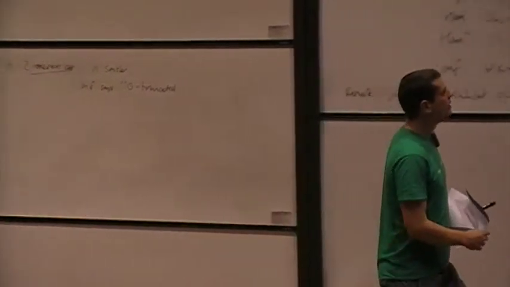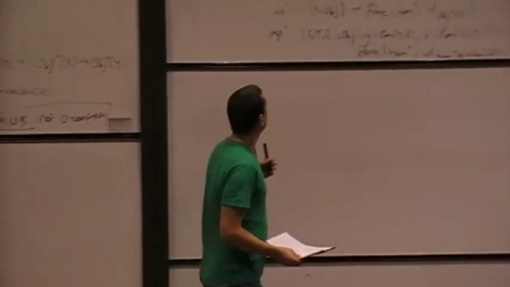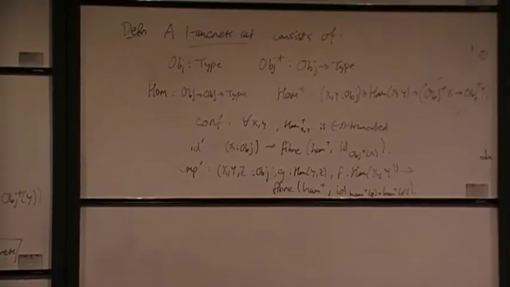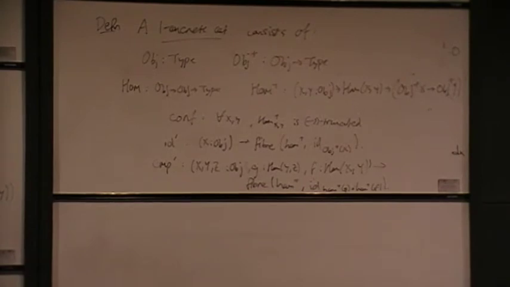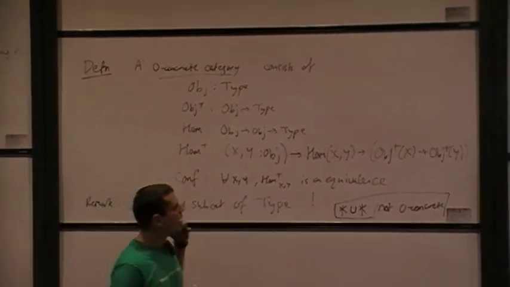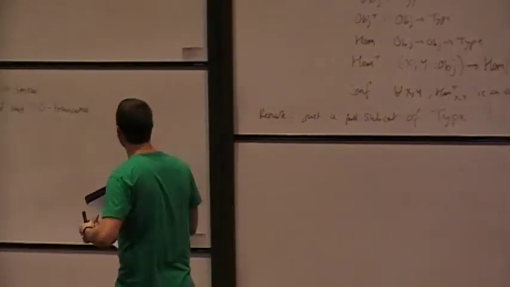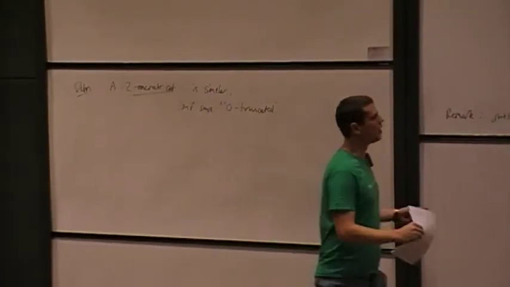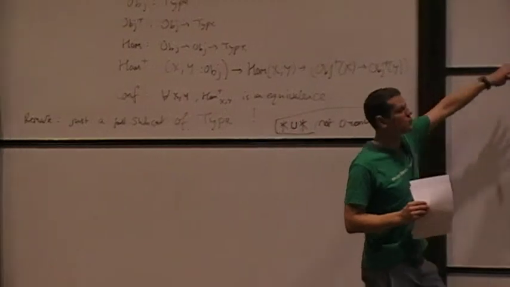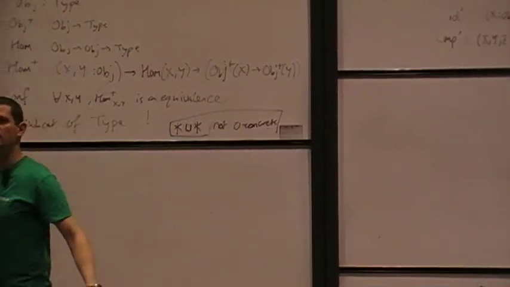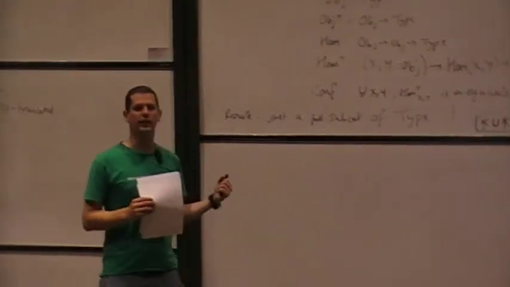So that means now it's not enough to give ourselves identity and composition, as Vladimir was hinting. We're going to want to talk about unit laws and associative laws. Because now we need to demand that the structure we've given, which tells us which components to look for the ids and compositions in, obeys associativity.